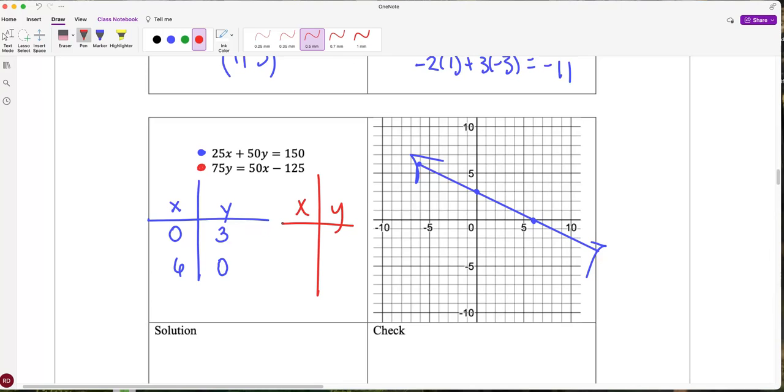When X is 0, you get what? 75Y equals 125. So Y is what? 125 over 75. That is going to be what? 5 over 3, right? If you divide them by 75. So that number is what? 1 2/3.